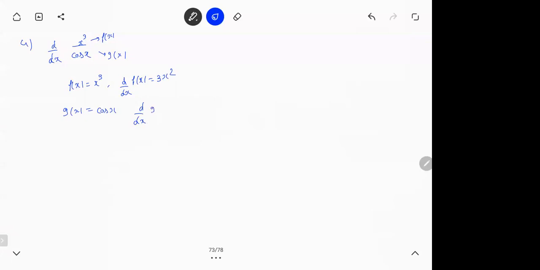Differential of g of x is minus sin x. Hope you remember the formula: g of x, differential of f of x, minus f of x, differential of g of x, by g of x whole square. You just need to substitute here. I'm leaving the calculations to you.